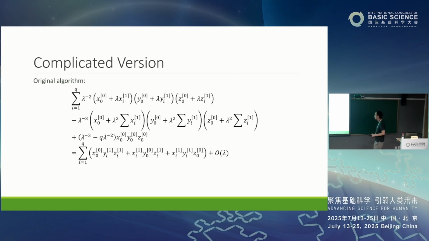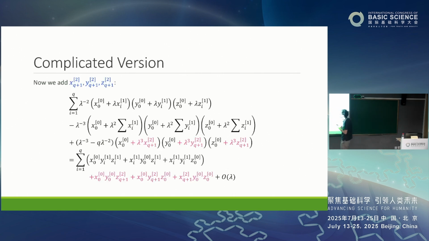Also, Coppersmith-Winograd add extra terms. For example, this q plus 1, and we have the superscript 2 here. Then we have extra terms like 002. But you can see for every term here, the sum of the superscripts is still 2. Originally, it's 011 that we have as a term, but here 002 can also be a term.